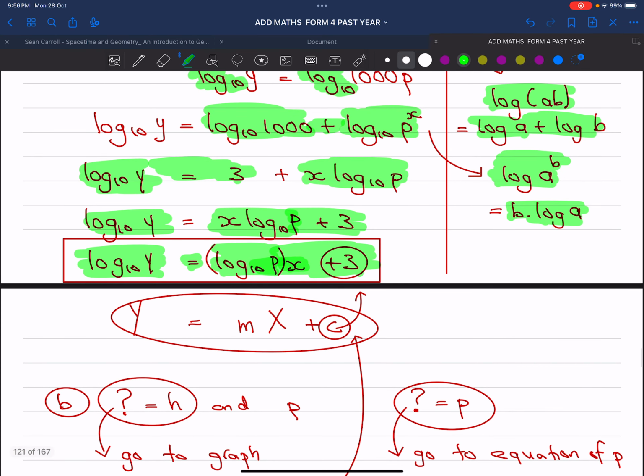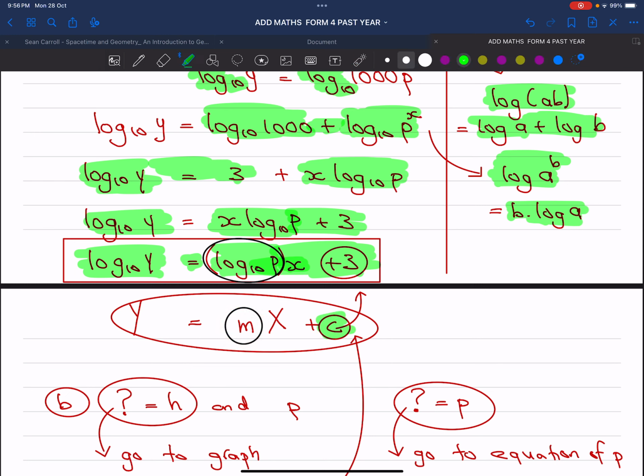Here the capital Y is log y, the capital X is x, therefore the gradient m is actually log P base 10. And later we are going to use it. The gradient m is log P base 10, and the c, the y-intercept, is 3.